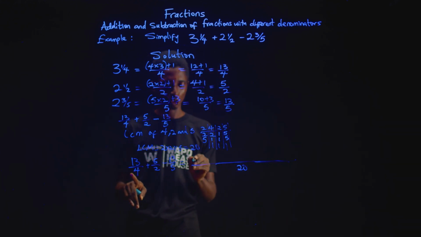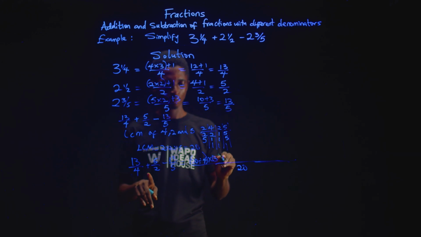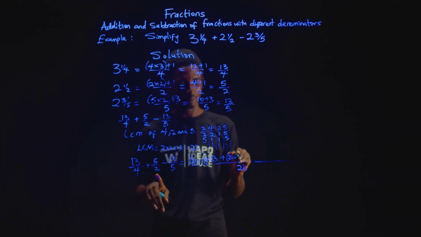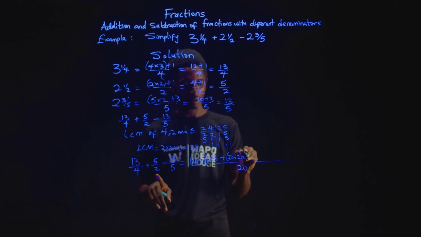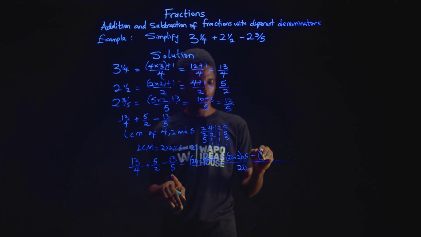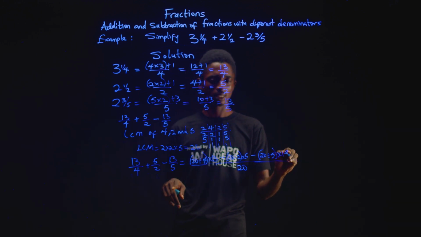For the first fraction, we would have 20 divided by 4, and then we multiply that by 13, plus, for the second fraction, we will have 20 divided by 2 multiplied by 5, minus, then we have 20 divided by 5 multiplied by 13.